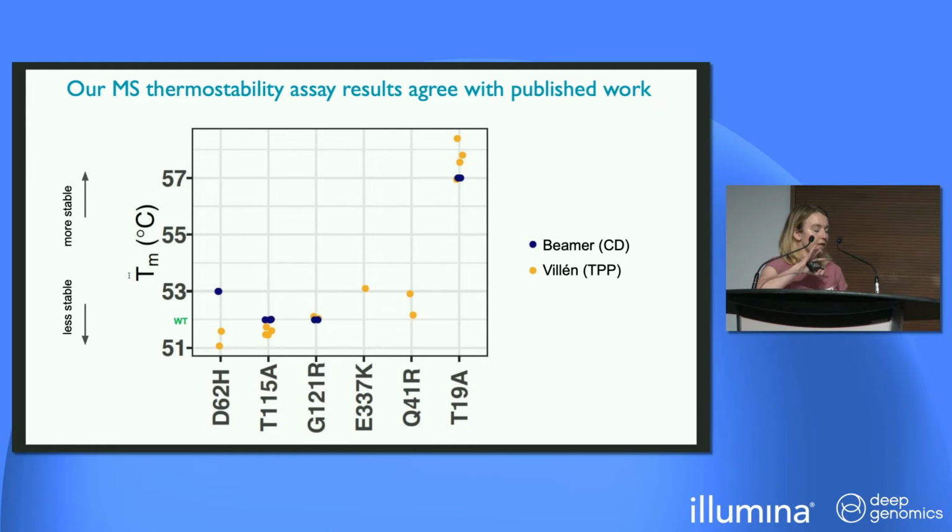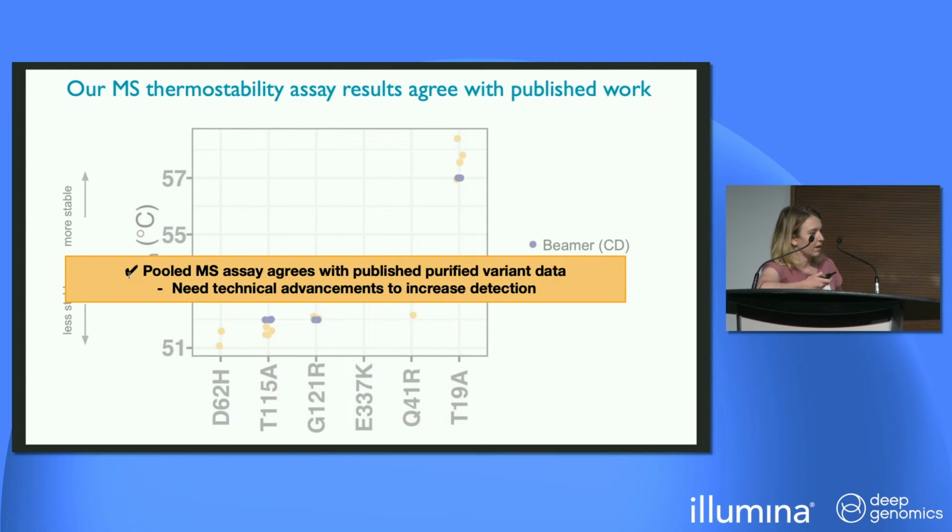For 4 of these variants, what we report is within about 2 degrees of what has been previously reported. And then what's also pretty exciting is that for these variants, E337K and Q41R, there was no published data because they're kind of hard to express. And so it was nice that we were able to measure them using mass spec.